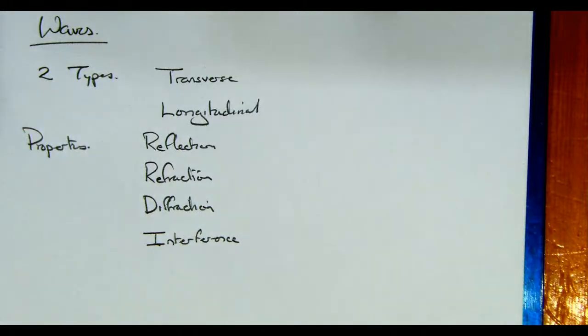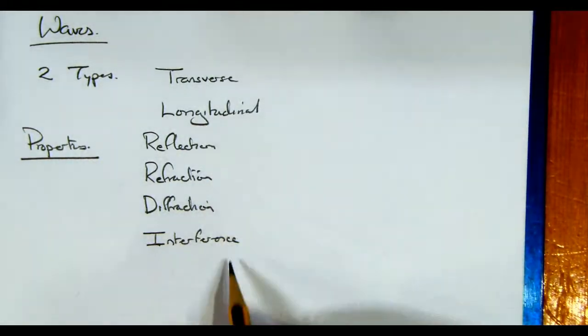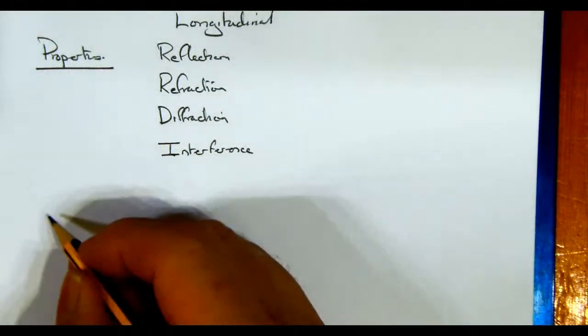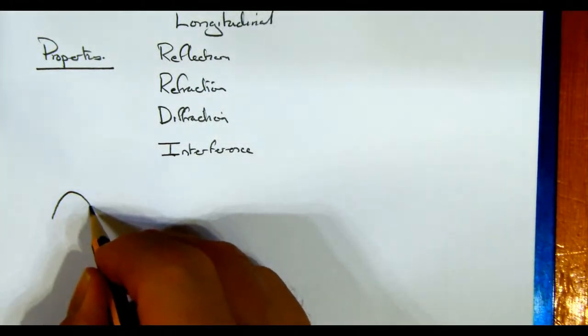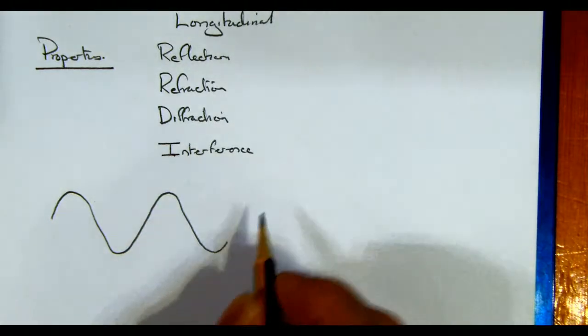We can look at more of these in detail later. So we've got our basic properties of our waves. For all waves, as we look at them, they've got certain properties.